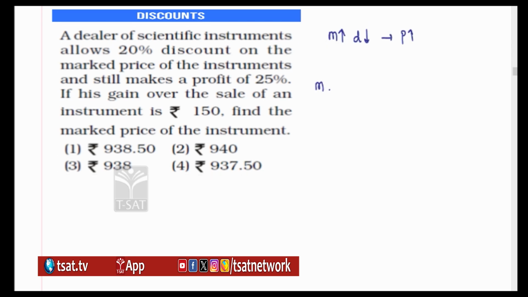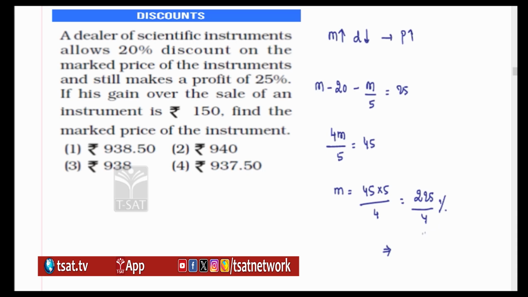M minus discount, which is minus 20 into M by 100, that is M by 5, is equal to 25. Take this, 4M by 5 is equal to 45. So M is equal to 45 into 5 by 4, so 225 by 4%.